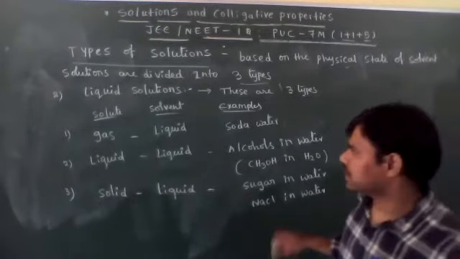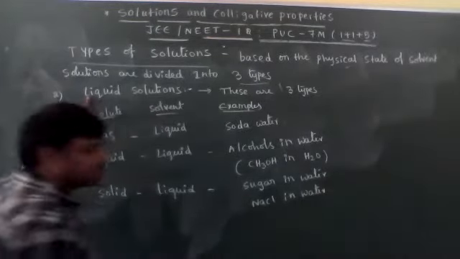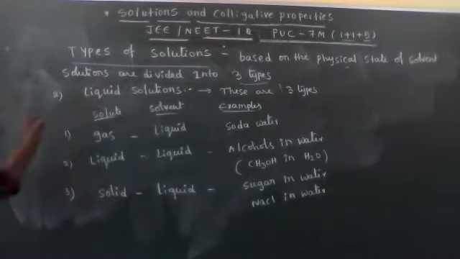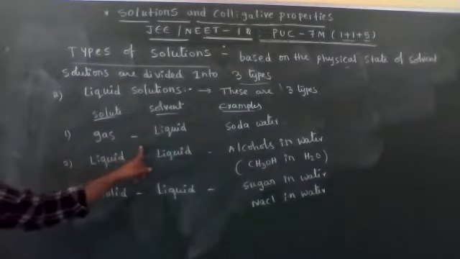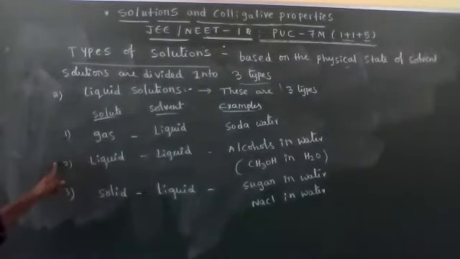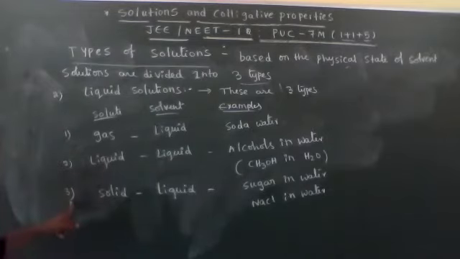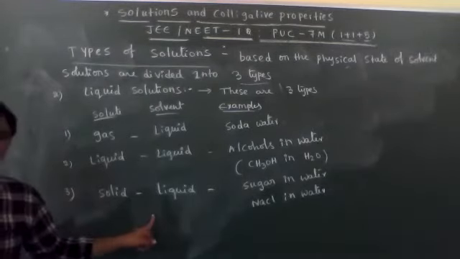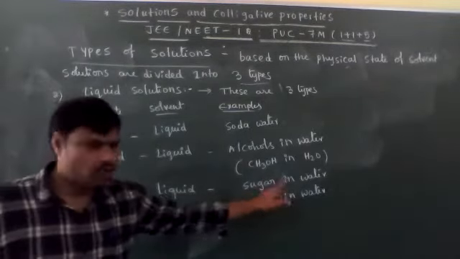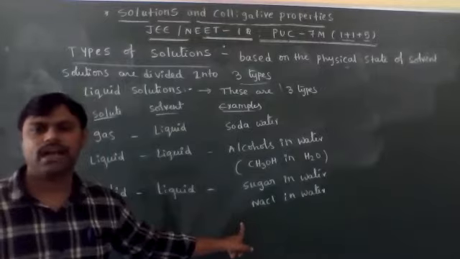Okay, students. So the second type of solutions are liquid solutions. Again, these are divided into three types. The first is gas in liquids, example soda water. The second is liquid solutions, alcohols in water, and the third is solid in liquids, example sugar in water or NaCl in water.